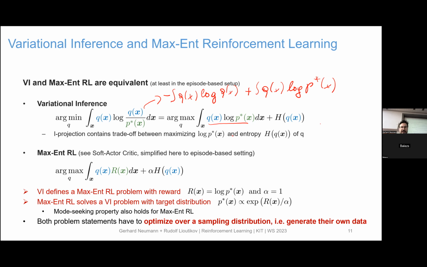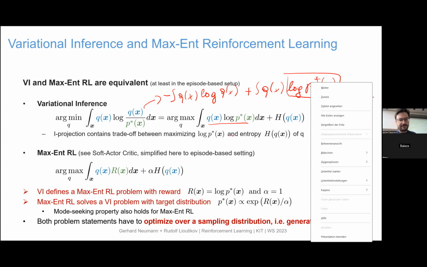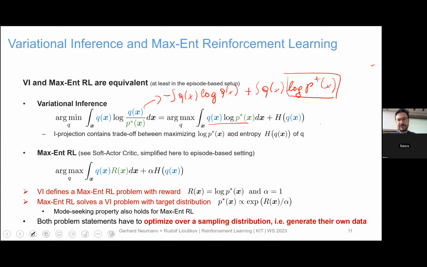And here I can already say, okay, maybe that looks somewhat similar to a reinforcement learning problem, or a very simple one. I mean, there's only x. Let's say x are the actions. Then I could say this is the reward: the log p star of x is the reward of x.